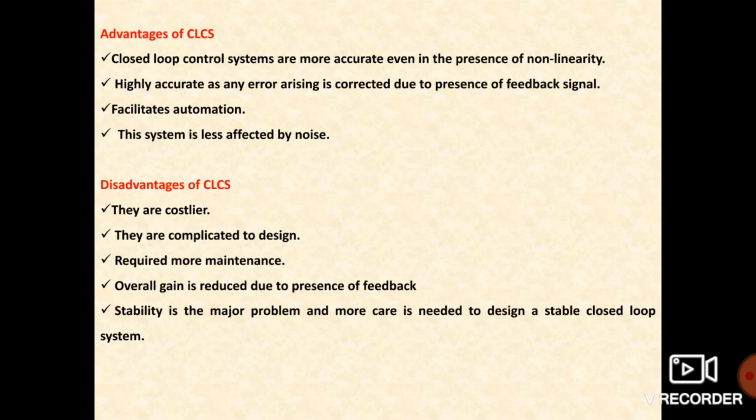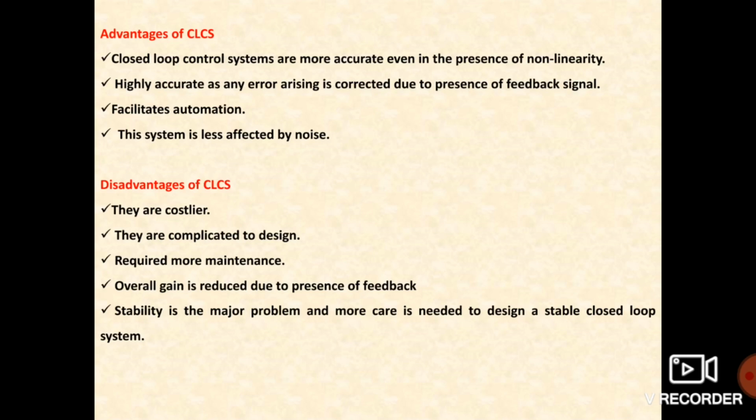Here it is highly accurate, as any error arising is corrected due to the presence of the feedback signal. So the advantage of the closed loop system is the feedback signal. Because of this feedback signal only we are able to correct any error in the output signal.